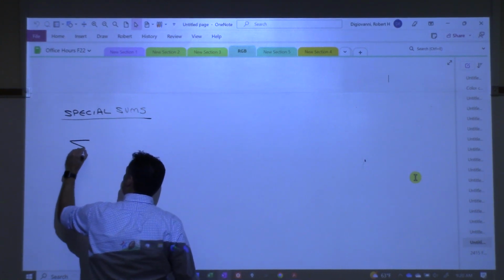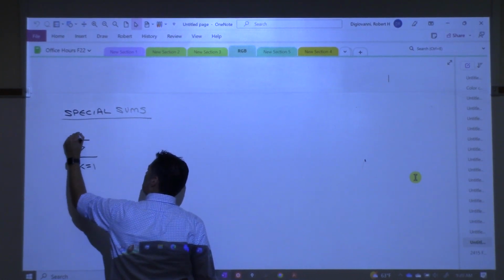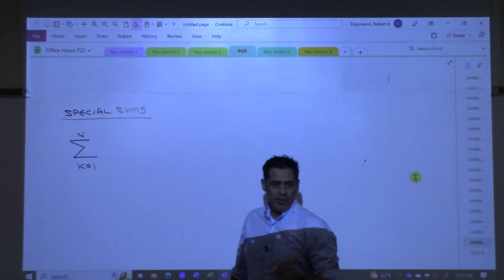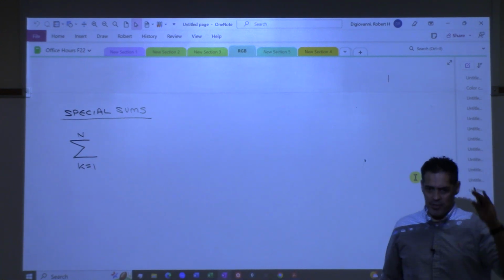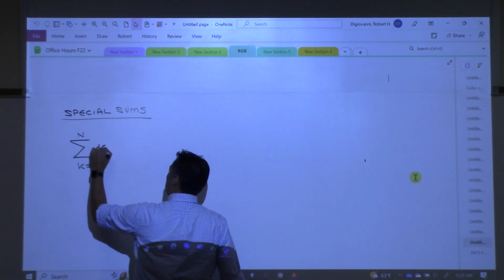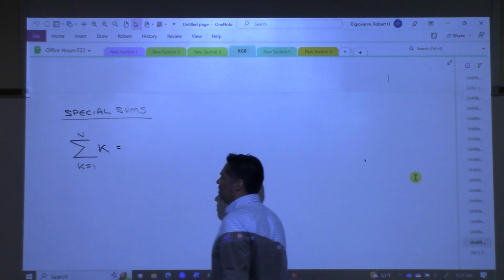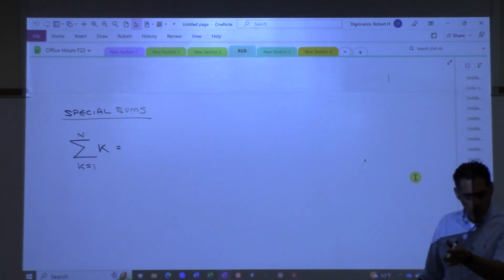Let's say I ask you to do this. Sum k equals 1. I want you to stop when you get to n. So this time I'm not telling you what the number is up there to stop at. I'm not putting 100. I'm just saying stop at n. And I want you to do the formula is k. So tell me what this is. Plug in 1, what do you get? 1, right?